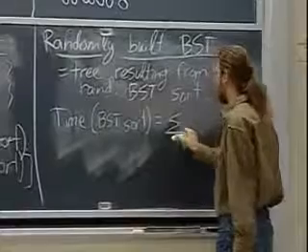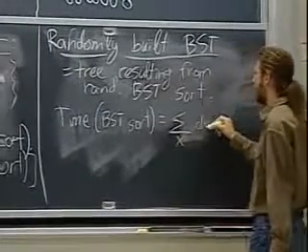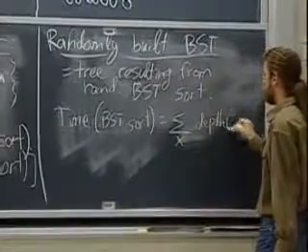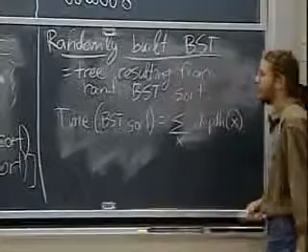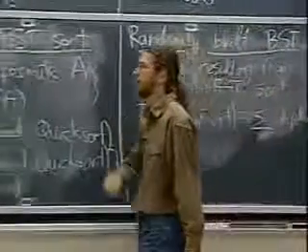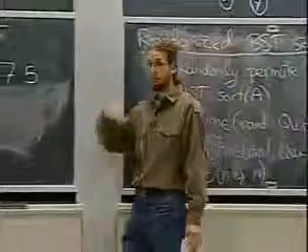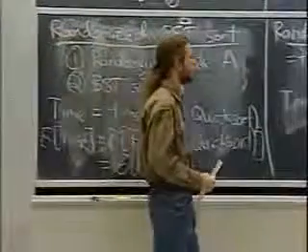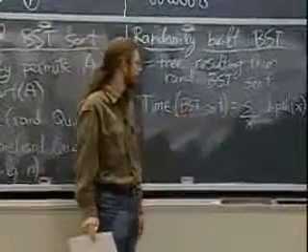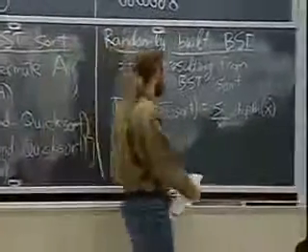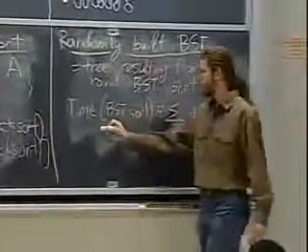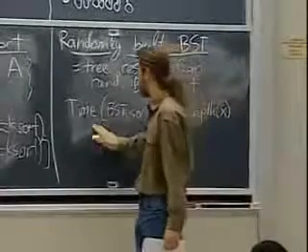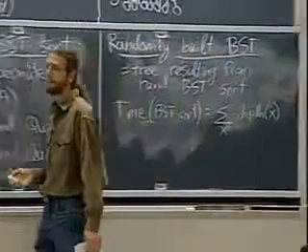It's the sum over all nodes x of the depth of that node. Okay, depth starts at 0 and works its way down. Because the root element, you don't make any comparisons. Beyond that, you're making whatever the depth is comparisons. Okay, so we know that this thing is, in expectation, n log n.